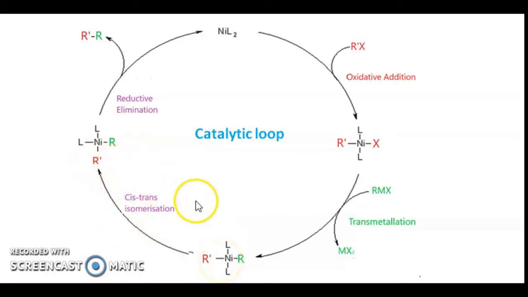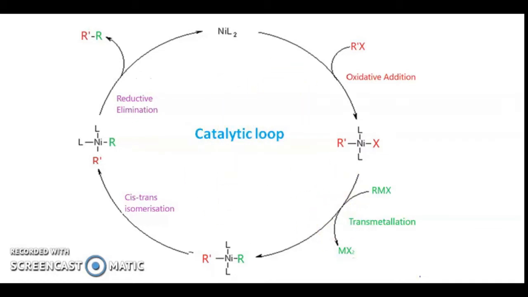In cis-trans isomerization, there is a simple rearrangement of the organic moieties, and then reductive elimination, wherein we get a coupled product. In detail, you can check out my first video, on Negishi coupling, where I've explained a bit more regarding this catalytic loop.